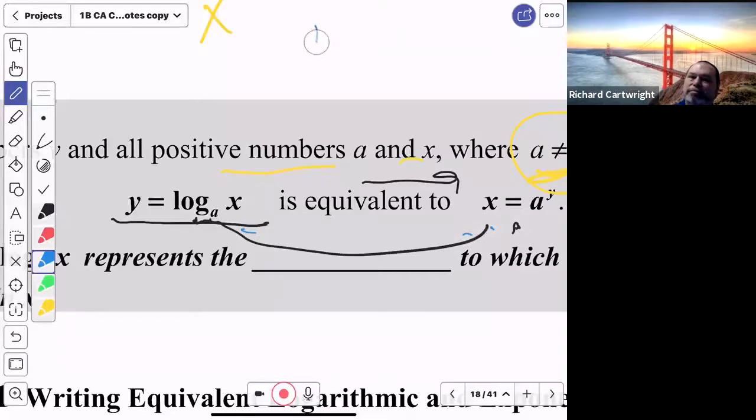I wrote 10 squared equals 100. I think you can all agree with that. That's exponential. Now watch me write its equivalent equation for a logarithm. I just memorized it because I didn't really know what it meant. I'll be honest with you. When I first learned it, our teachers didn't teach us why we do things.